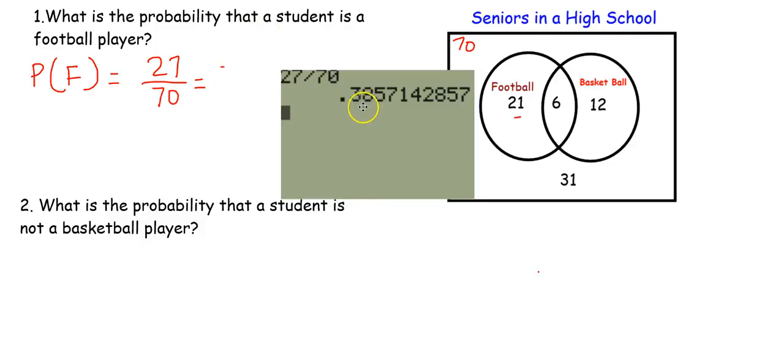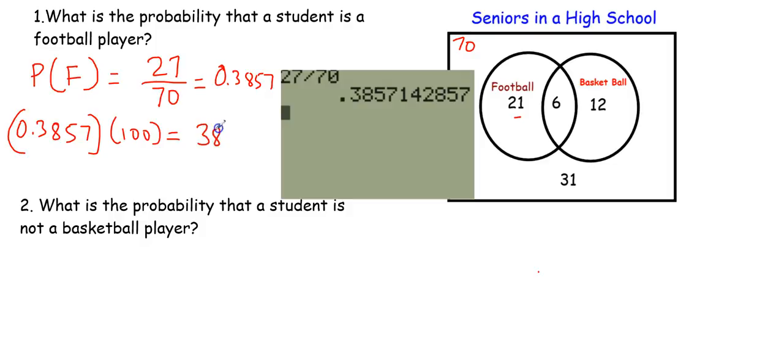That's 0.3857, and on multiplying this with 100, 0.3857 times 100 gives me 38.57.